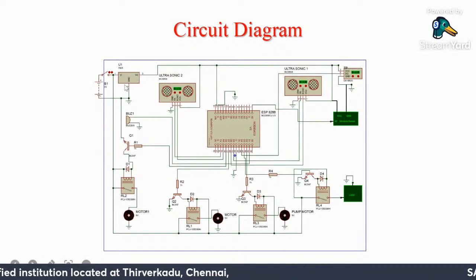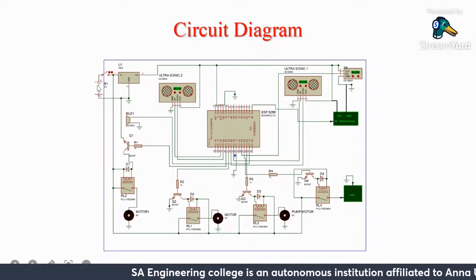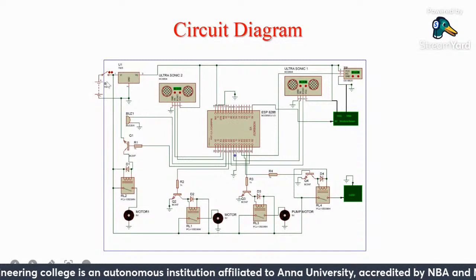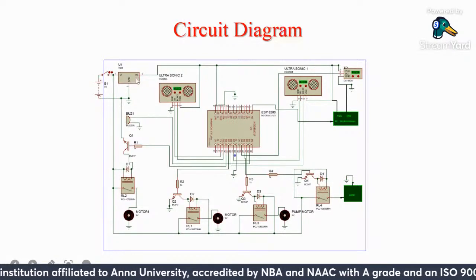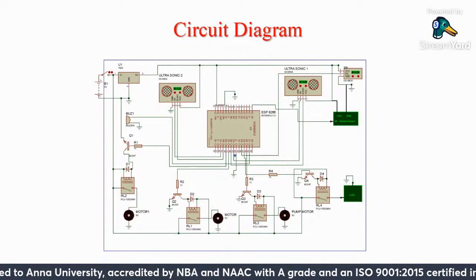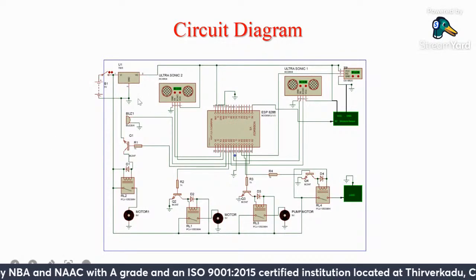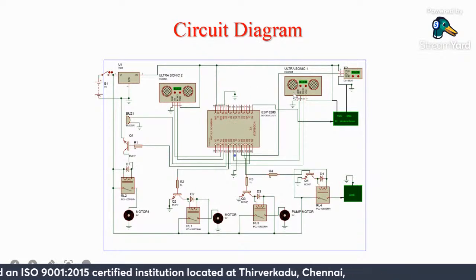Here we are using a 5 volt regulator for converting 9 volts into 5 volts for the sensors and NodeMCU. As I told already, I'm using a 9 volt supply for this whole project, and I'm converting it into 5 volts by means of this IC 7805 regulator, and giving that as input to the ultrasonic sensors and NodeMCU accordingly.